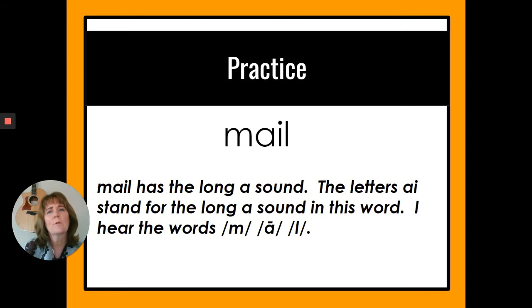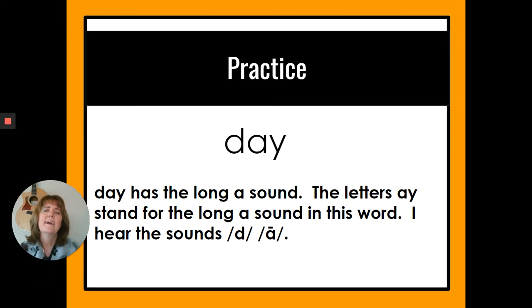Let's tap out that word male. M-A-L. Three sounds. Now here is another example of the A sound at the end of a word. Everybody say day. Good. Did you hear the A sound at the end? We know that that sound is spelled with the A-Y. D-A. Two sounds, three letters spell that word because the A-Y just makes one sound.